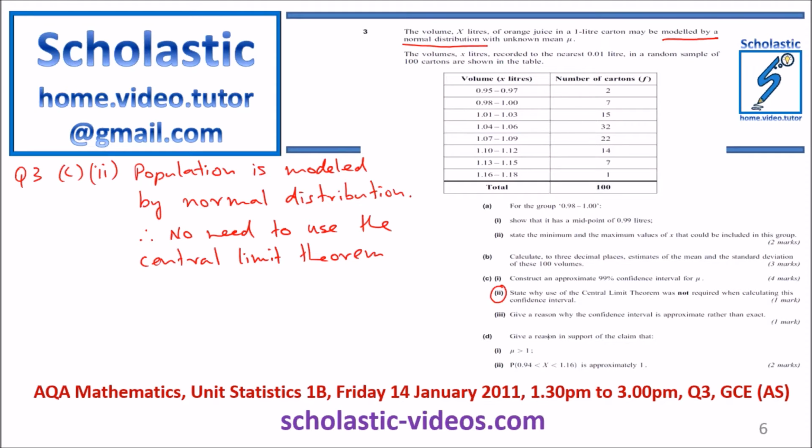So part 3 says to give a reason why the confidence interval is approximate rather than exact. In this case, what we saw was that the values are grouped values, therefore the confidence interval is an approximation.